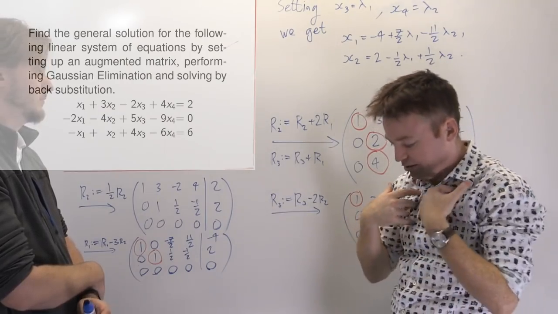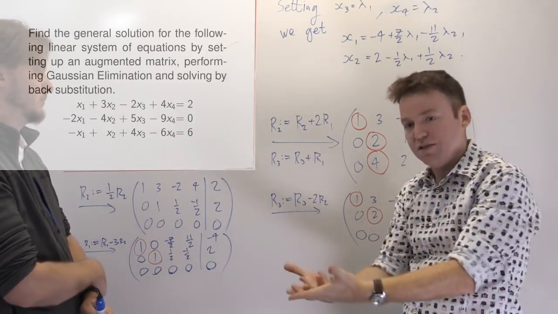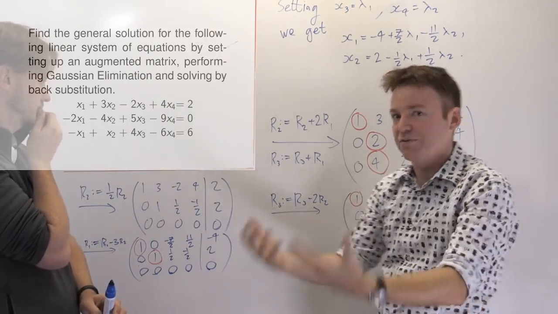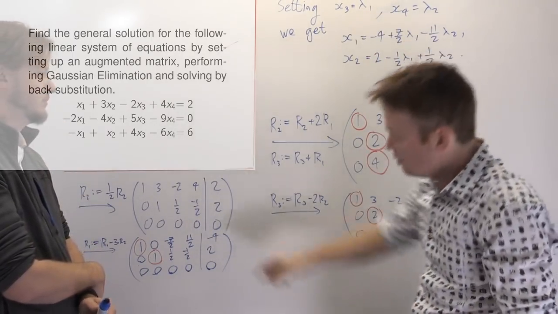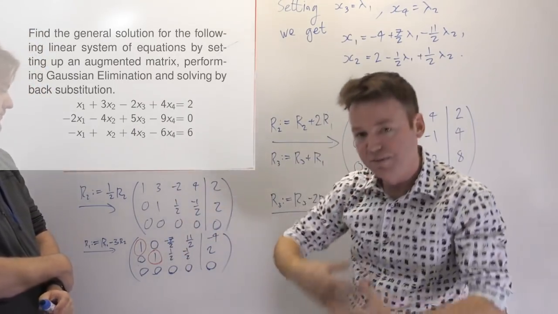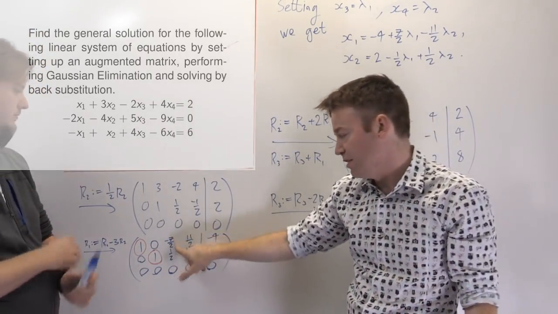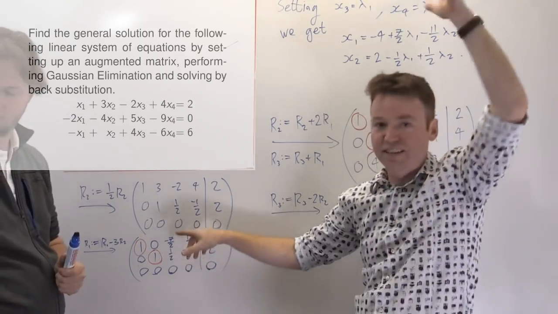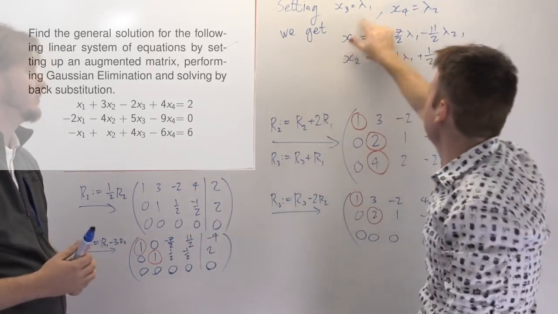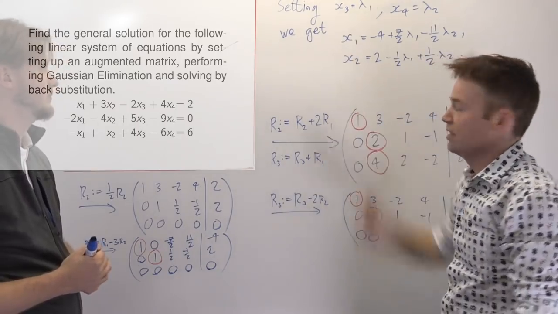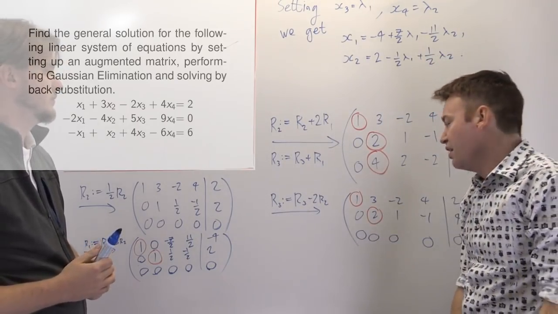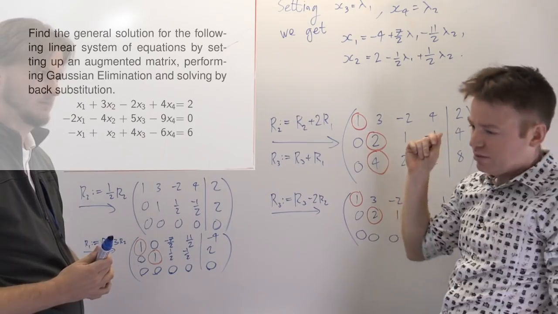We traditionally write variables that can do whatever they like, that are unrestricted, with these names, and we call them parameters. Whenever you have non-leading columns like this, they're your free variables. This column for x3 is free, and this one is free, so we let them be free, denote it like that, and then we figure out what x1 and x2 have to be in those terms.